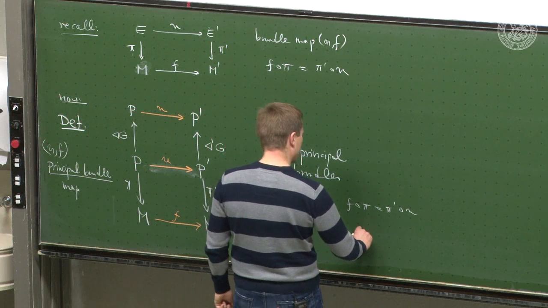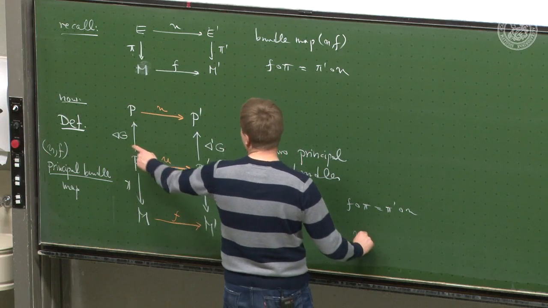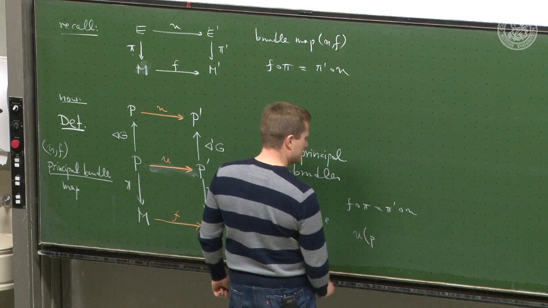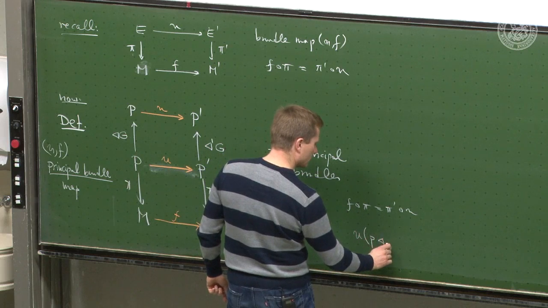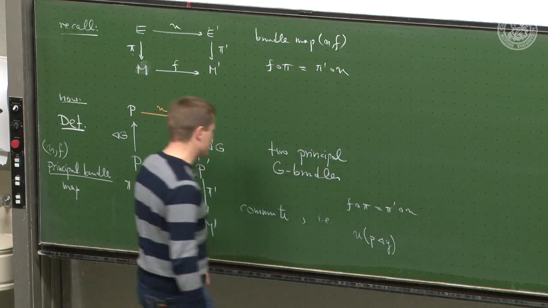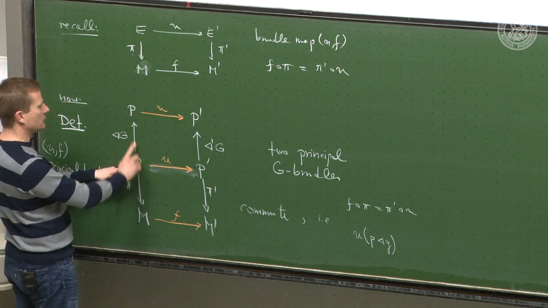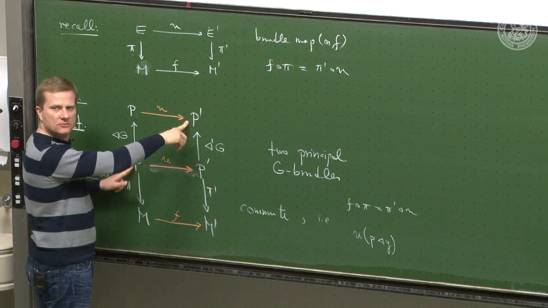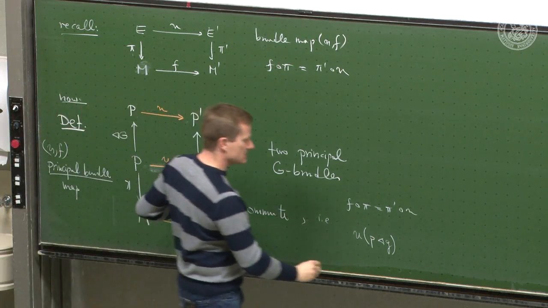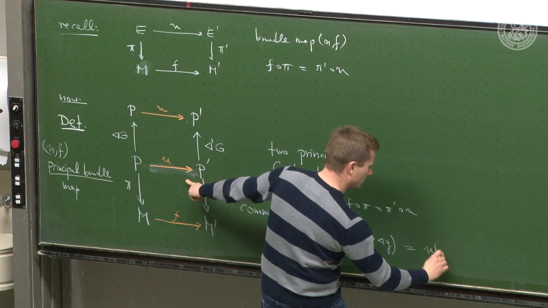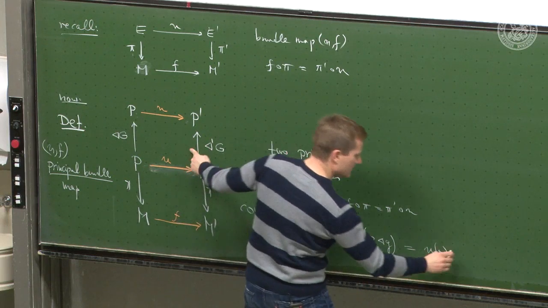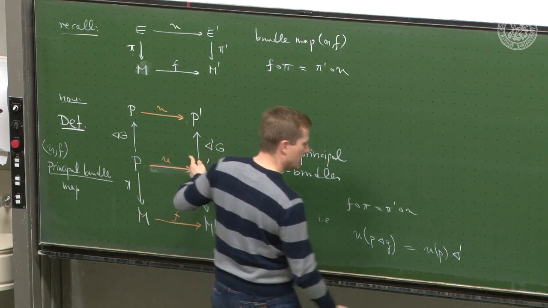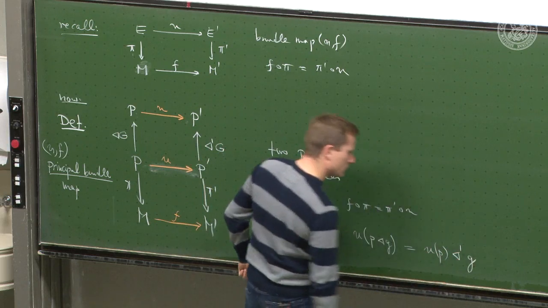So we have that U after the action. Now, in order to write this properly, we say U of a point P on which a group element g acts. So I pick a point P, I act with a particular group element small g, and I get another point here, and then apply the U. This should be the same as applying the U to the same point P, and then after that acting, of course, with this primed action, because we're here acting with the same group element.